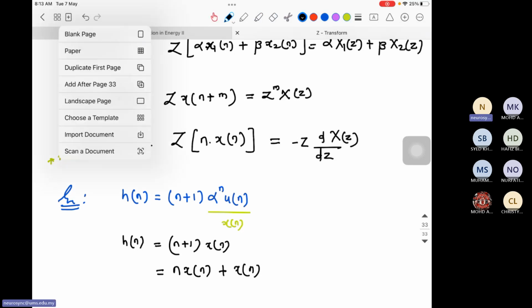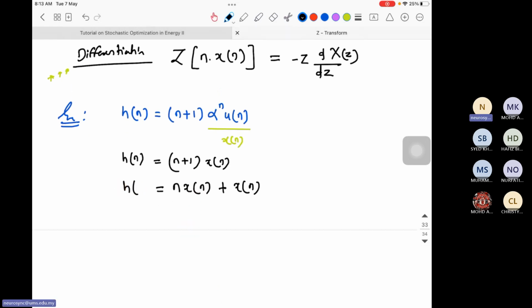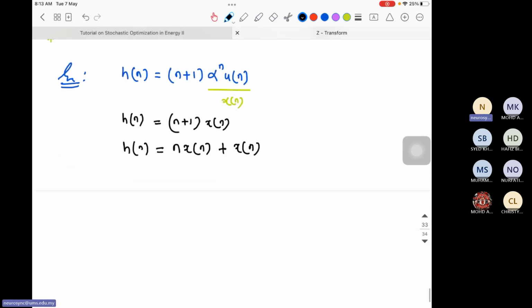Here we will use two properties: one is linearity, the other is differentiation. Now find H of z. So H of z is basically equal to the Z transform of n x of n plus the Z transform of x of n.